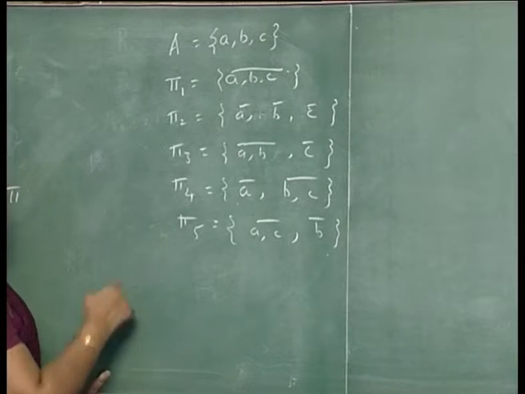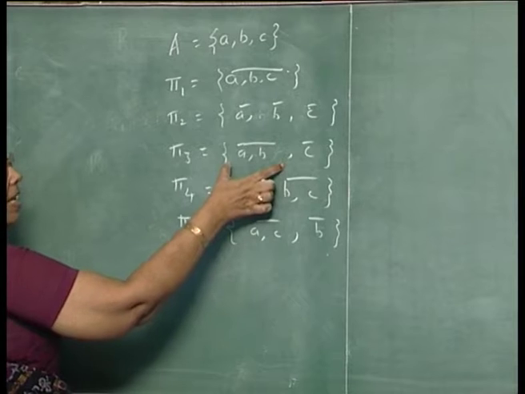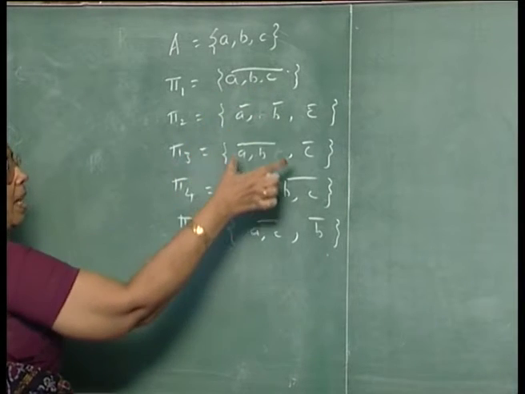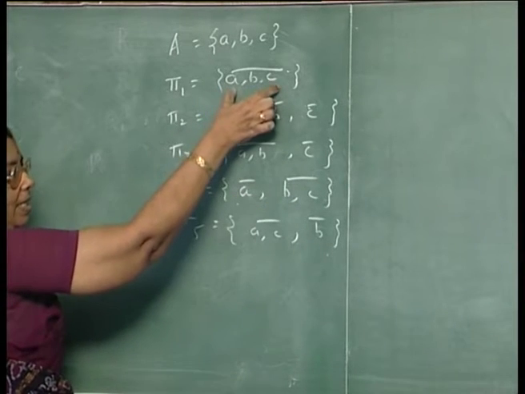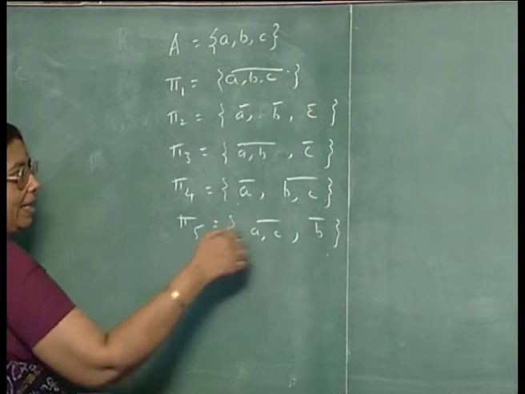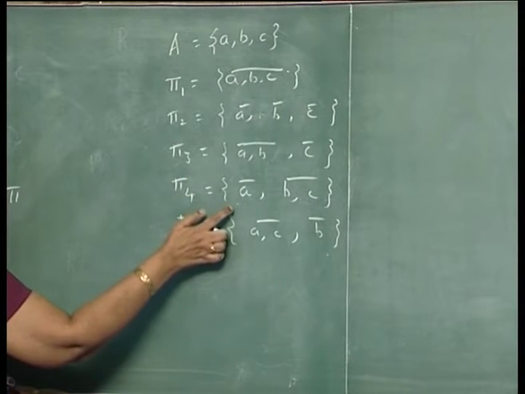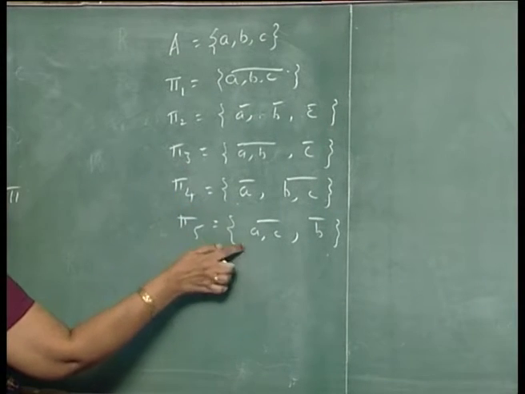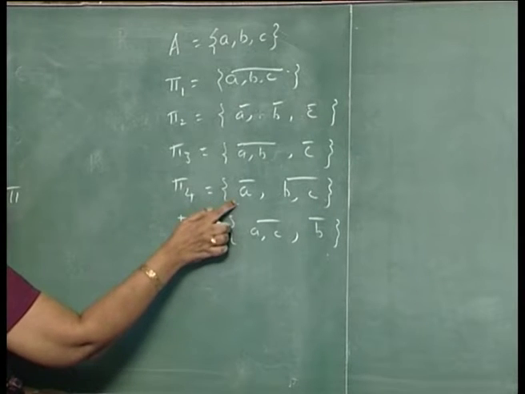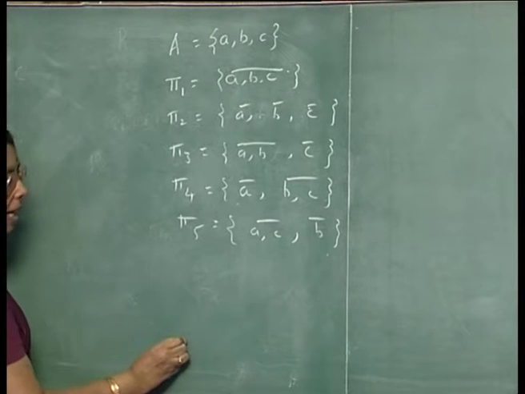Pi 2 will refine every one of that. And pi 3 will refine this, pi 4 will refine this, pi 5 will refine this. This is breaking this like this. But none of pi 3 will refine pi 4 or pi 5. Pi 4 will not refine pi 3, it is not breaking up like that. So, this will induce a partial order like this.